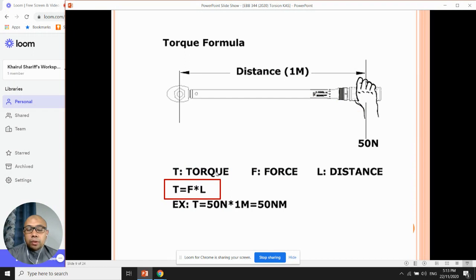So this one is the basic formula for the torsion, as I reminded you at the beginning of my lecture.